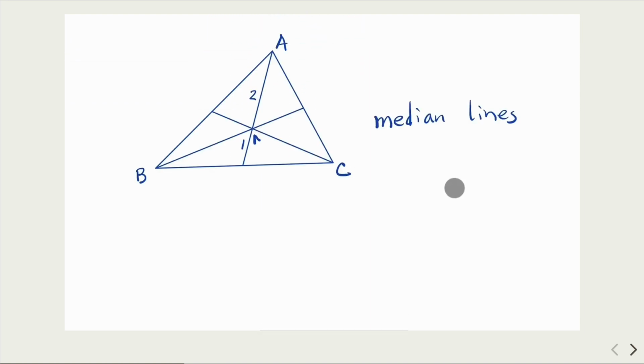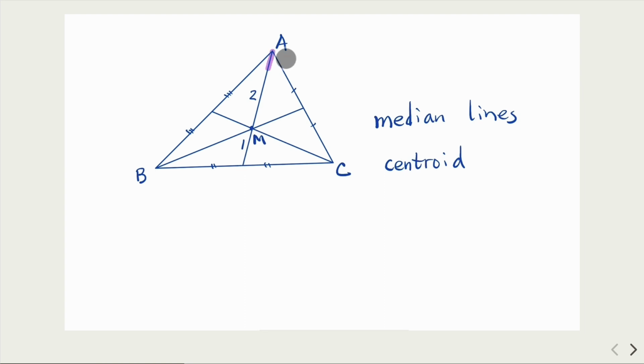Another useful fact about the triangle that we learned today is the case for median lines. We all know that the 3 median lines of a triangle meet at a common point, the centroid of the triangle, and it has a property that the centroid cuts the median lines with a 2/1 ratio.